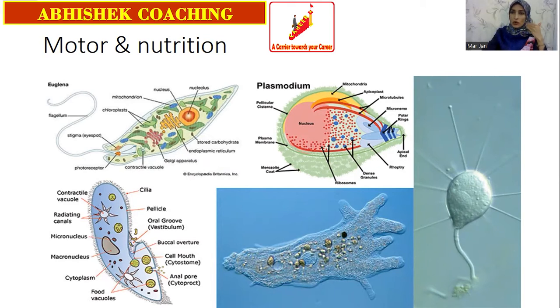When we sneeze or cough, these cilia help the mucus to go out of our respiratory system. So the function and somewhat the structure of cilia in protozoa is like this lining in our respiratory system.